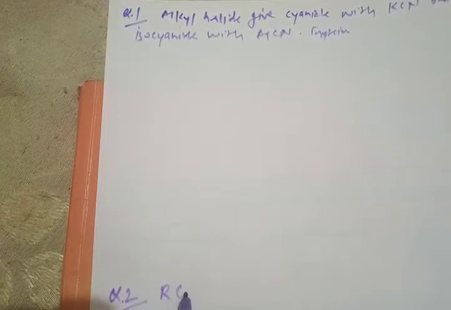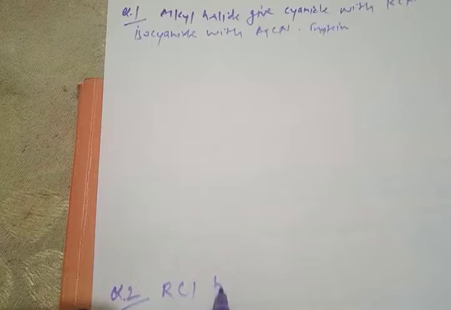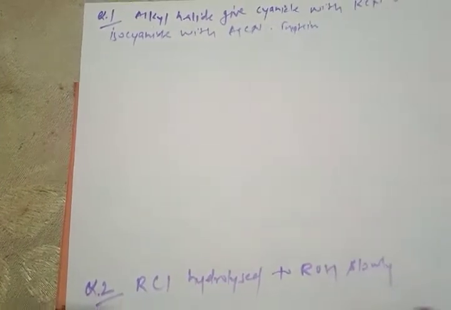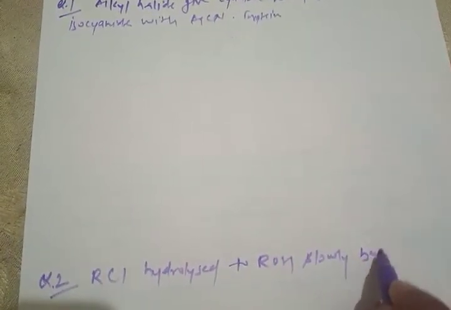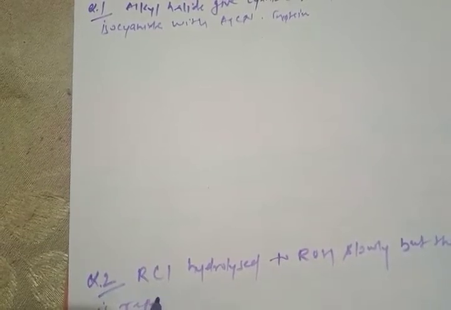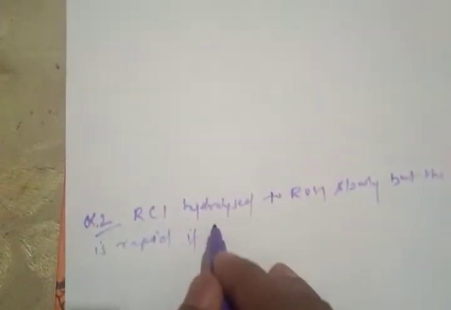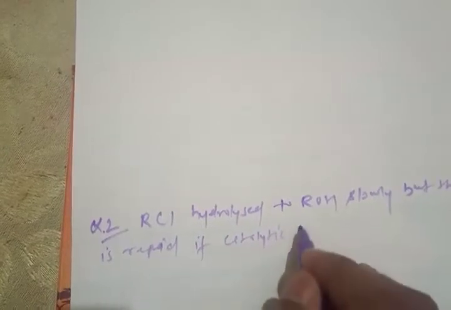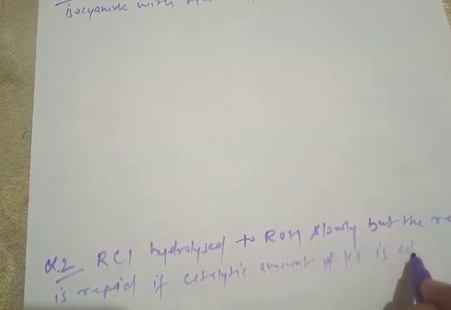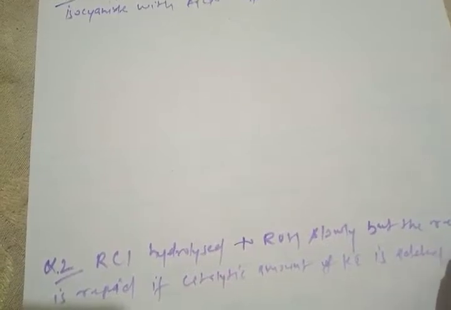RCl is hydrolyzed to ROH slowly, but the reaction is rapid if a catalytic amount of KI is added. This needs to be explained.